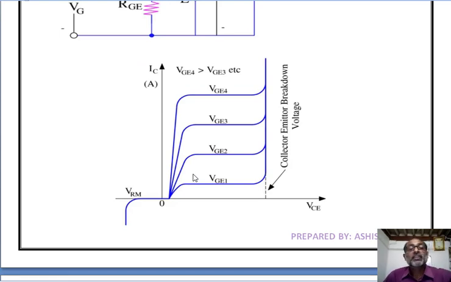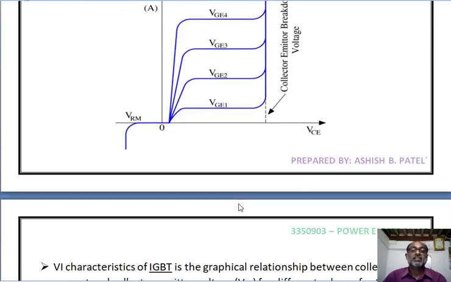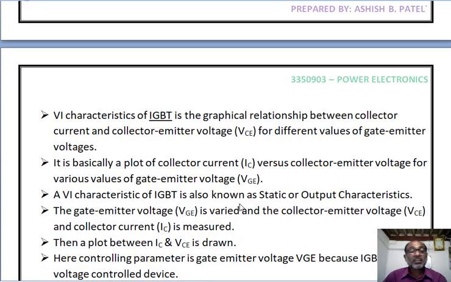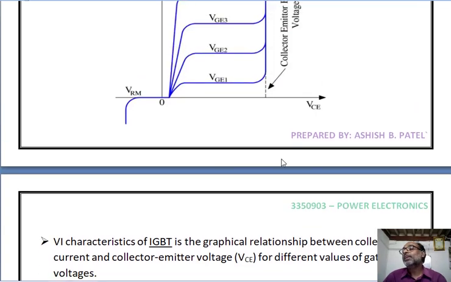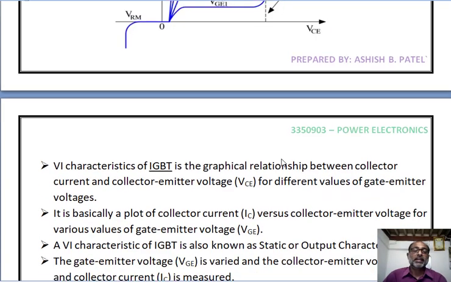The VI characteristic is a graphical relationship between collector current and collector emitter voltage. For that, the collector current is taken on the y-axis and collector emitter voltage is taken on the x-axis. This VI characteristic is also known as the static or output characteristics.